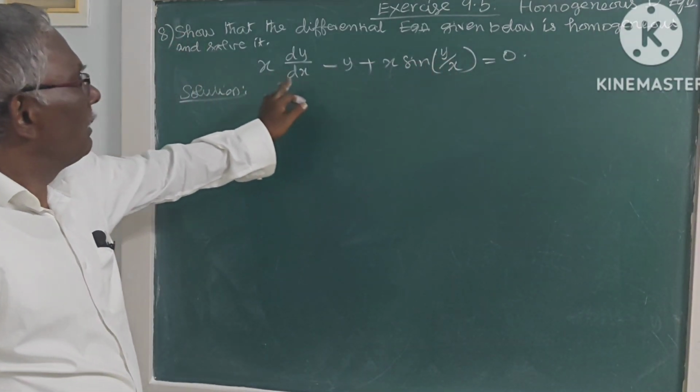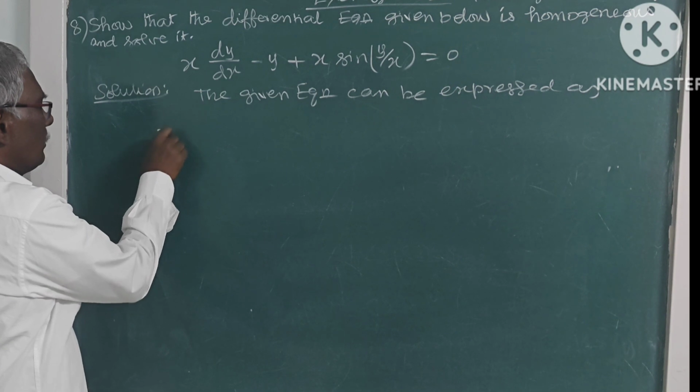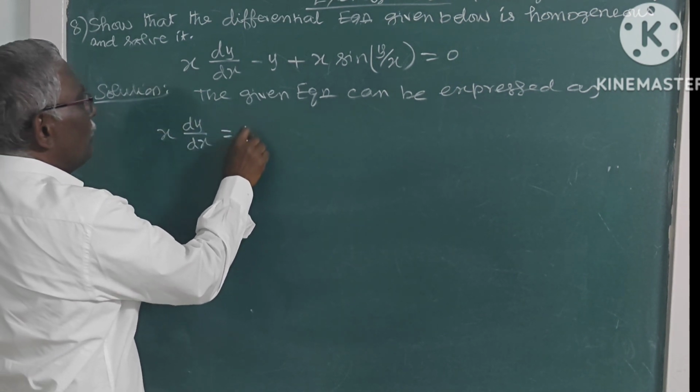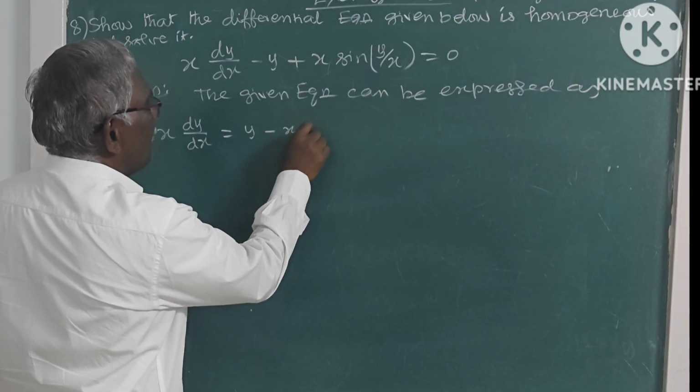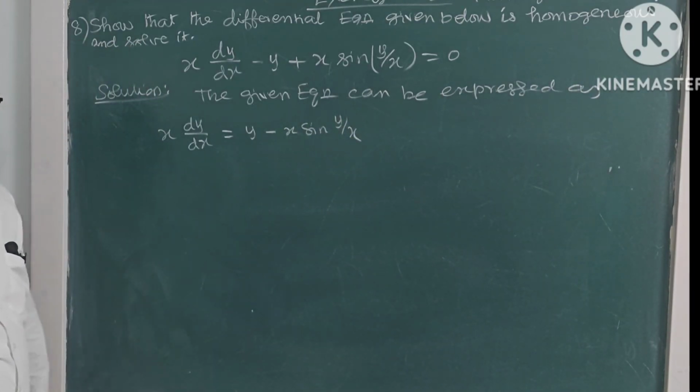The given differential equation can be expressed as dy by dx is equal to y minus x sine of y by x. We'll divide throughout by x.